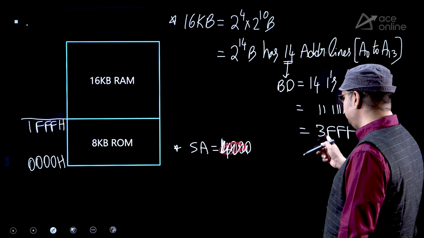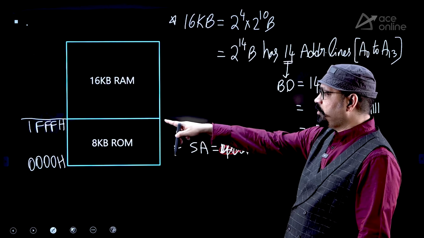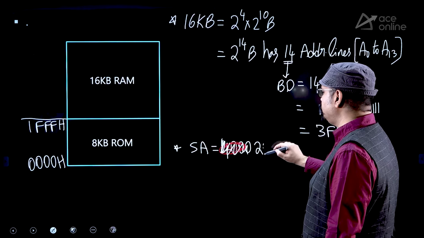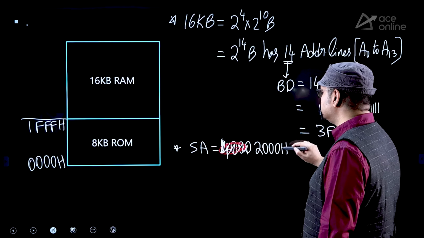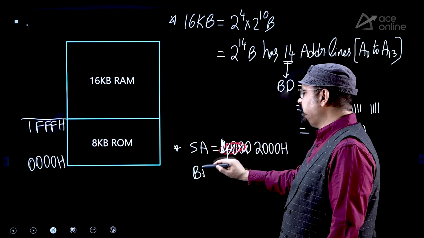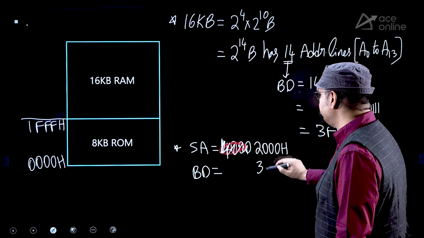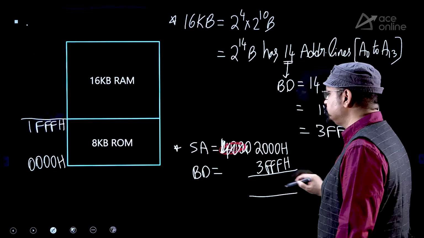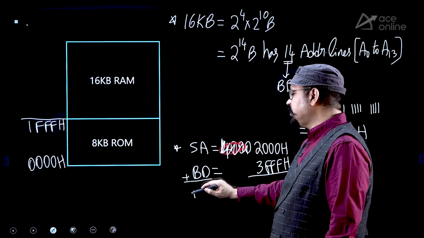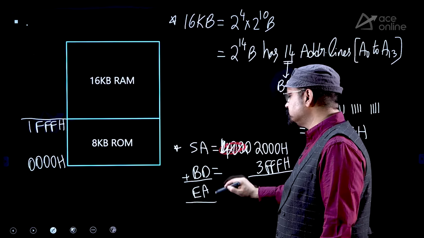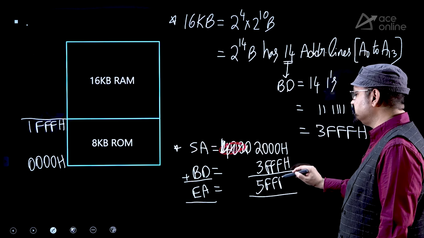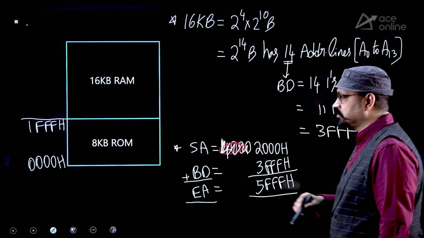3FFF is the byte difference. The 8 KB ROM is ending at 1FFF. So what is the starting address of the RAM IC? 2000 hexa. So what is the byte difference? The byte difference is 3FFF. You add these two and that becomes the end address. You can do it directly, there is no need to convert it into hexadecimal. 5FFF hexa.